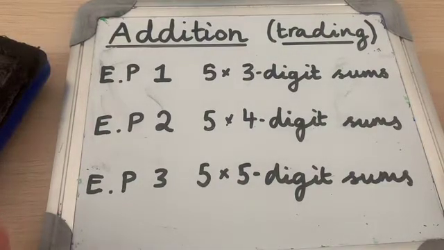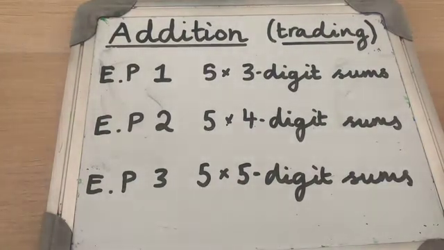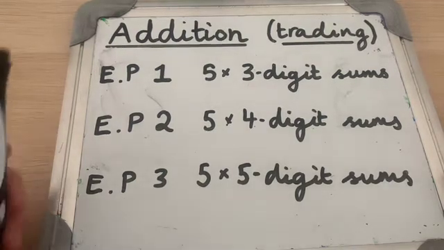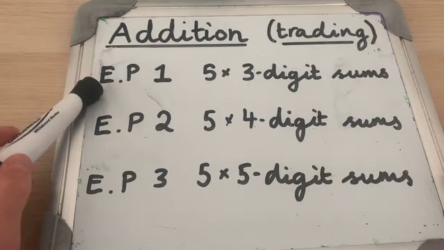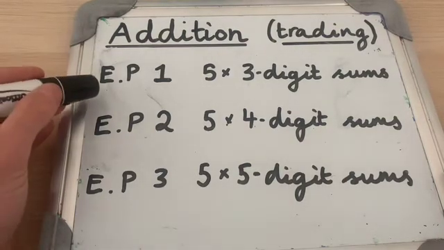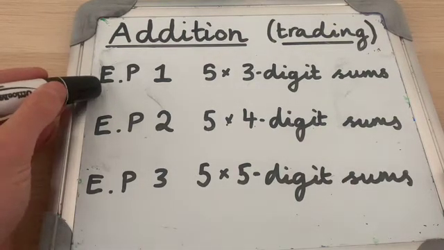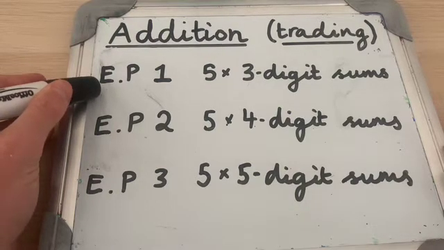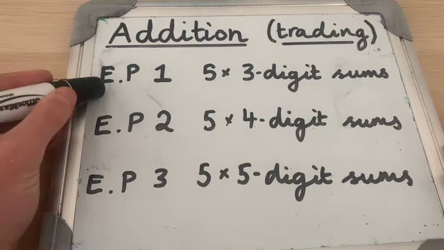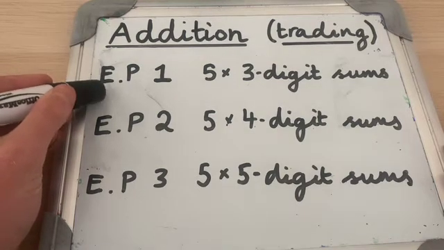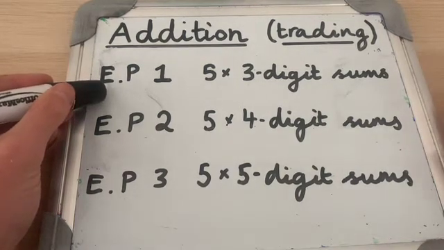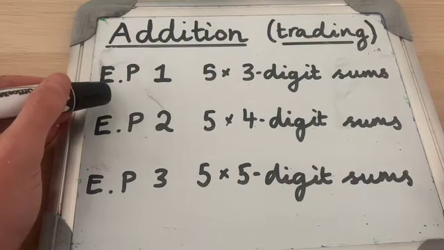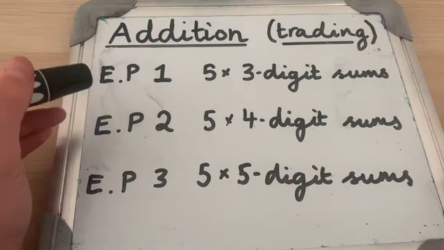We've got 3 entry points today for your work, so you're going to do some practice on this skill. Entry point 1 today is you would come up with 5 3-digit sums, and I'm going to show you how to make your own sums using dice and cards in a moment. You do 5 different 3-digit sums, a 3-digit number plus a 3-digit number, come up with the answer, and do that 5 times.